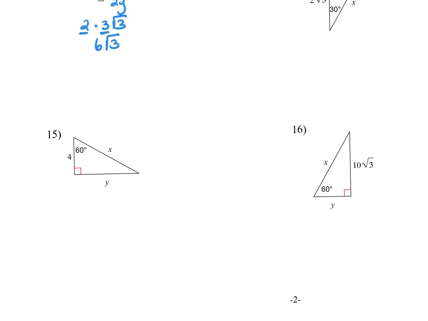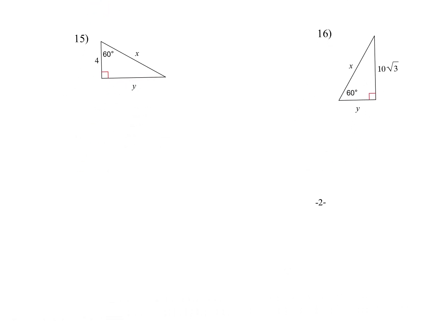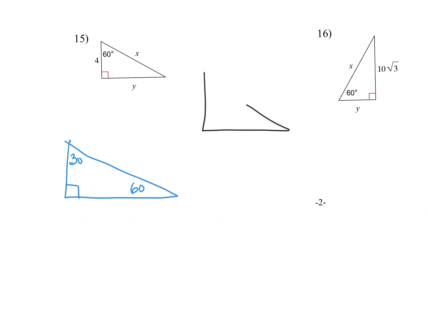I wanted to show you one other example, so sometimes you'll also see a triangle like this. Now this is opposite of what the reference sheet tells you, okay? The reference sheet is drawn like this.